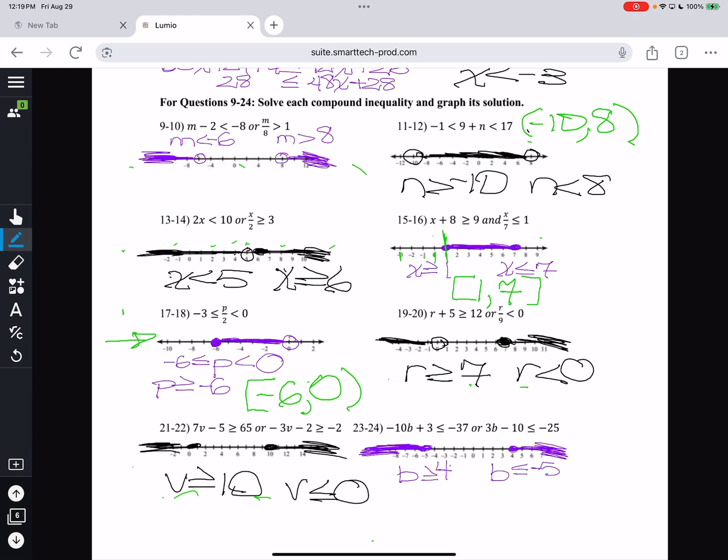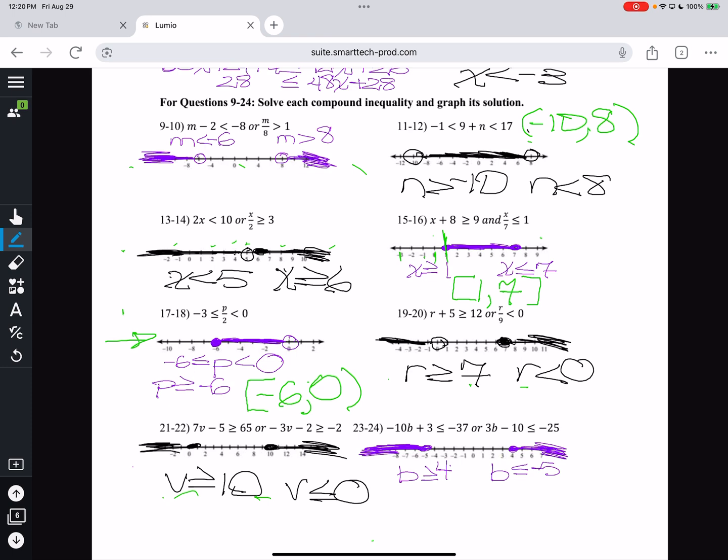What's out there? Negative infinity. What's to the right? Positive infinity. Do we know where the negative and positive infinities stop? No. So we don't have a specific number, do we? No. So we use parentheses.